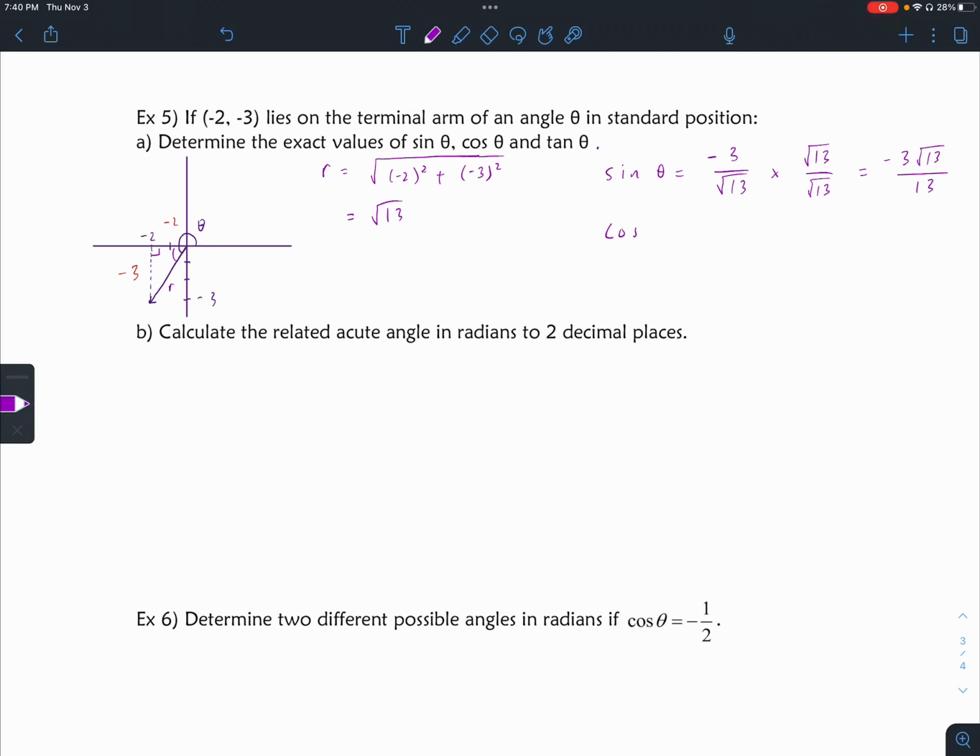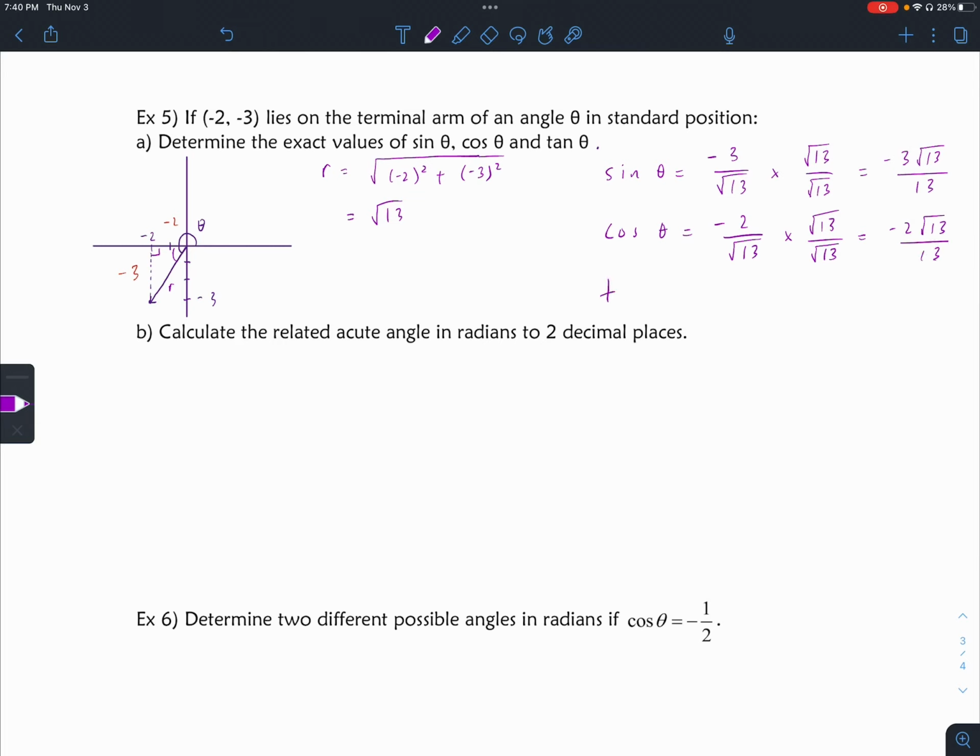Now moving on to cosine of theta. That is going to be adjacent over hypotenuse, so negative 2 over root 13. We're also going to rationalize by multiplying the top and bottom by root 13, and so that's going to be negative 2 root 13 over 13.